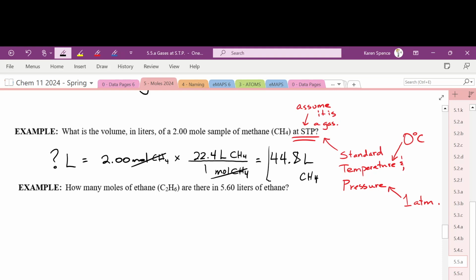Easy peasy, yes? Simple one-step problem. Now, this one, I should have said ethane gas. I need to fix that. Okay, so this example should have said gas at STP.